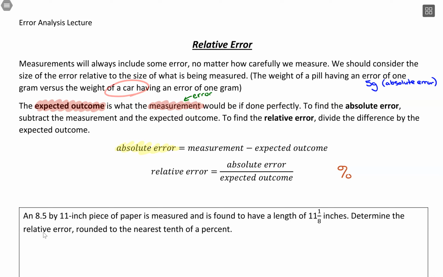Whereas with a car, maybe that would be like 0.01% error. It would be nothing, because a few grams difference of a car doesn't change all that much. So we want to get to this calculation of relative error to give us a better idea of how far off we are in terms of the scale of the thing that we're measuring.